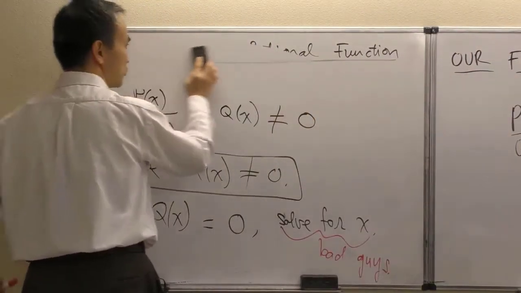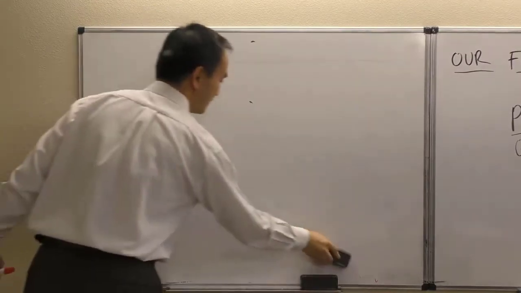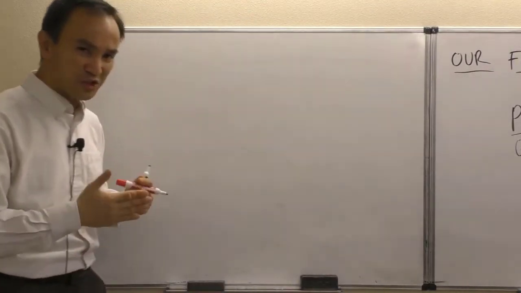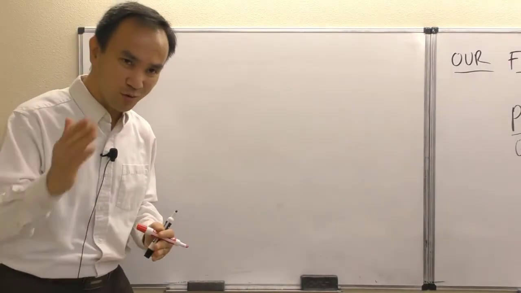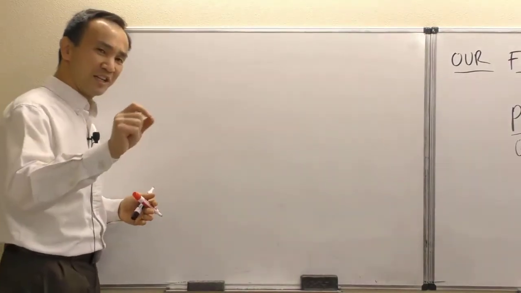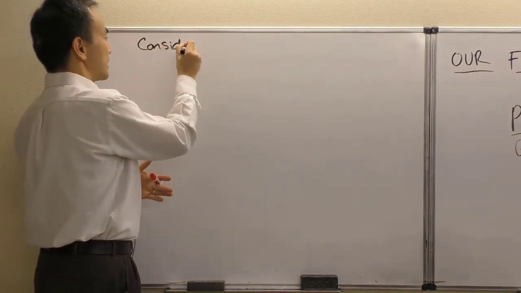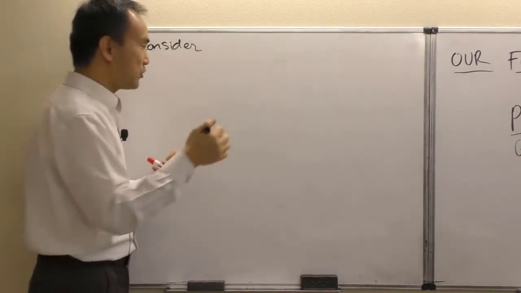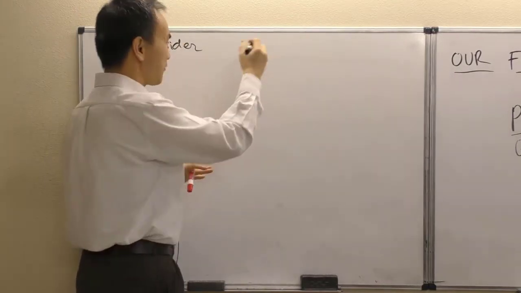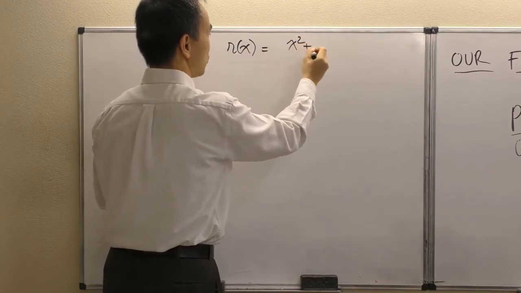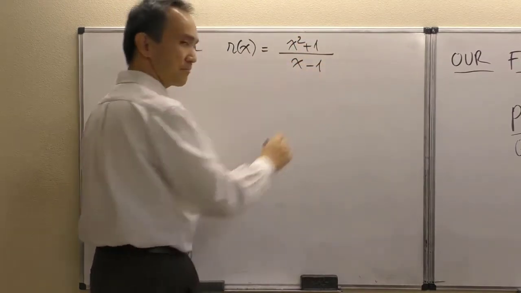So now on my board, to demonstrate what I was saying about that method, we purposely let the denominator equal 0, and in that way we can search for the bad guys. Since it's not a formal example yet, let's just consider the function r of x equals x squared plus 1 divided by x minus 1.